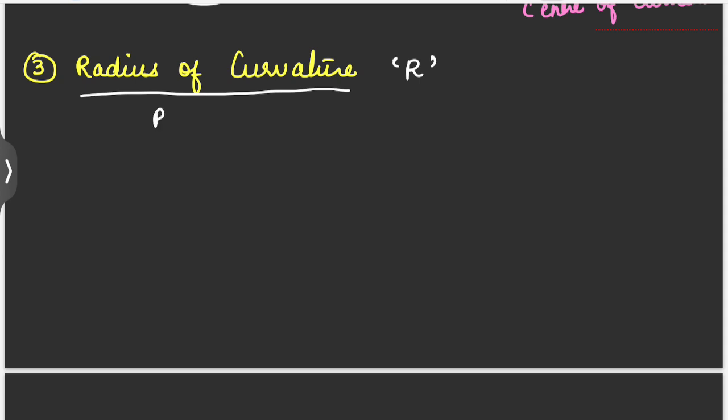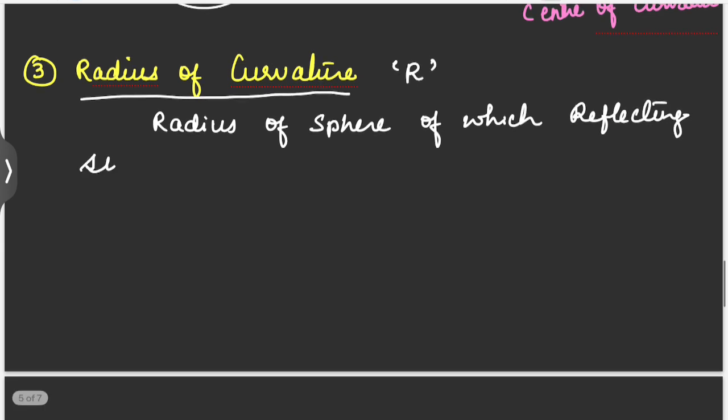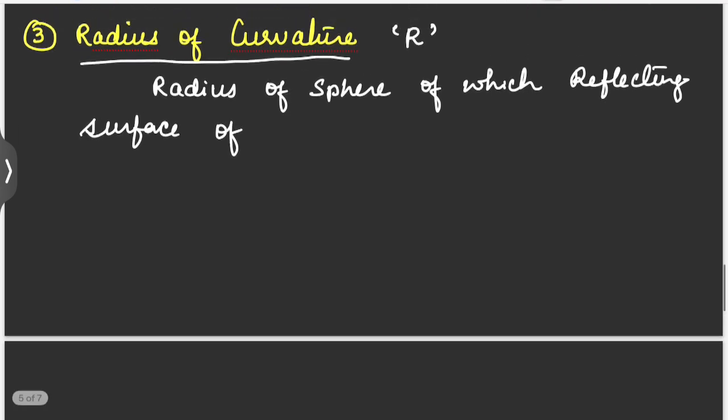Radius of curvature is nothing but the radius of the sphere of which the reflecting surface of a spherical mirror forms a part.